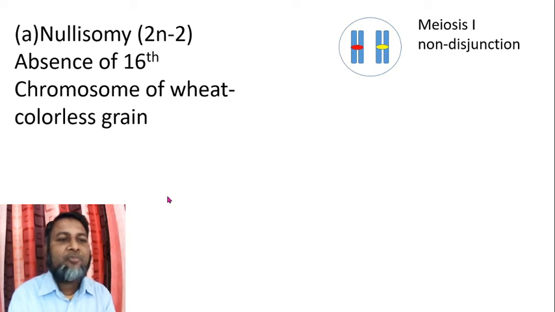In case of wheat, in absence of the 16th chromosome, wheat becomes colorless. Its grain is colorless. It is caused by meiosis 1 non-disjunction.